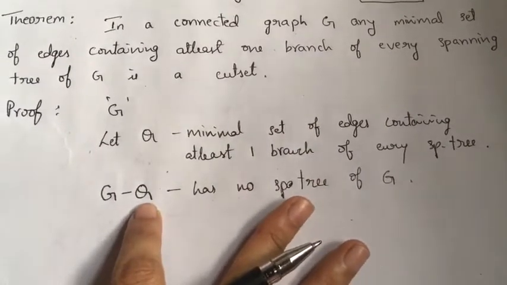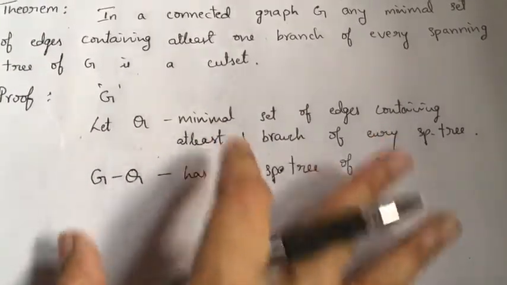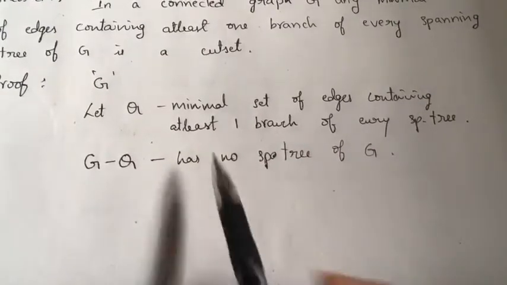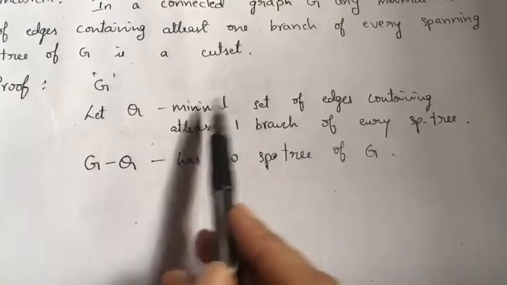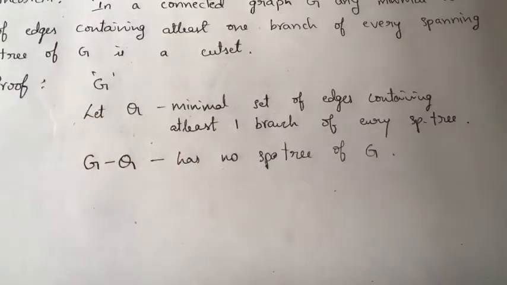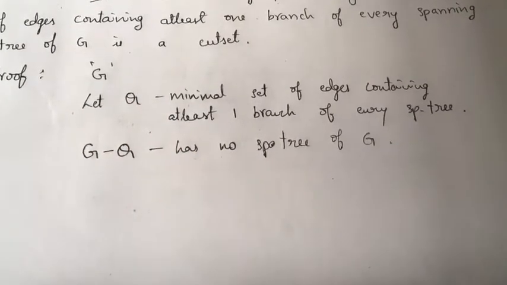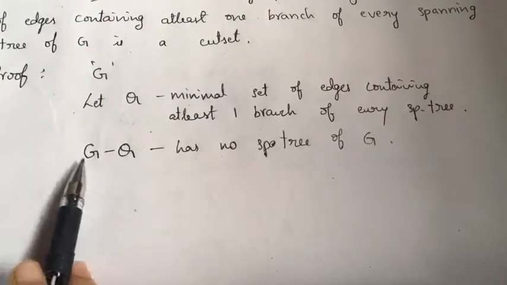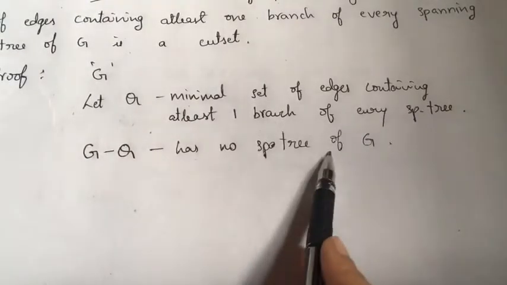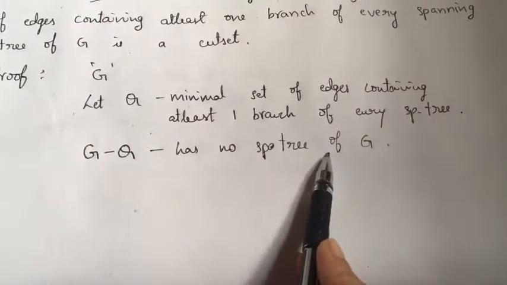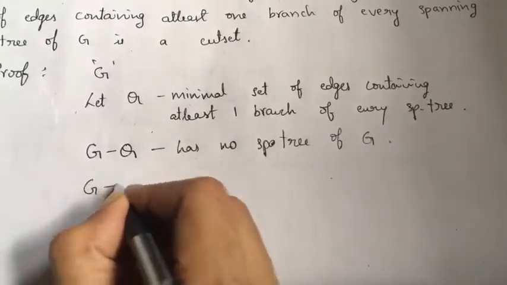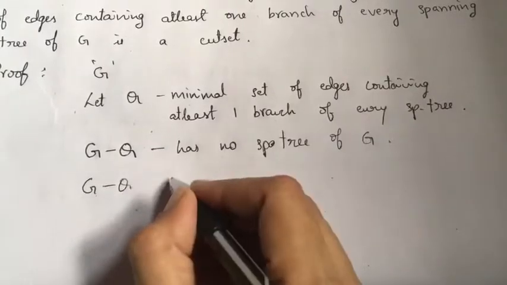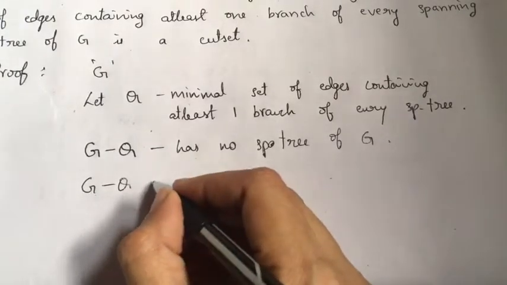I'll prove this by giving an example also. This is a theoretical example. I'm taking set Q, which is a minimal set of edges which has got at least one branch of every spanning tree. I'm considering G minus Q. I can observe that it has no spanning tree of G and this is a disconnected subgraph. G minus Q is disconnected.